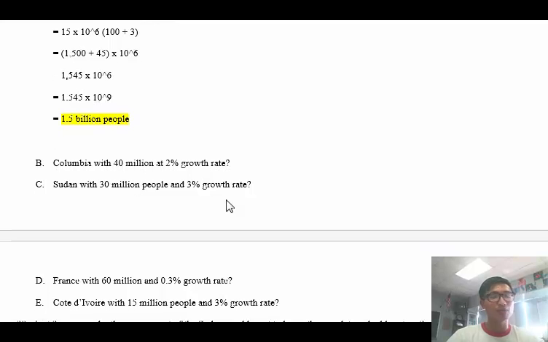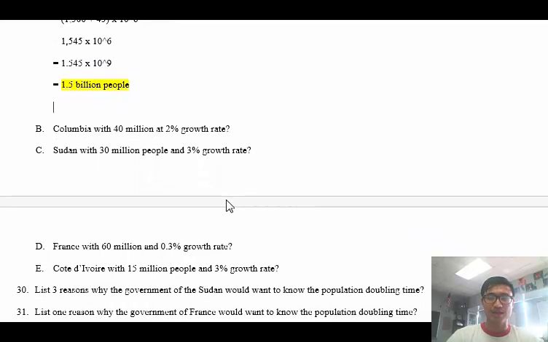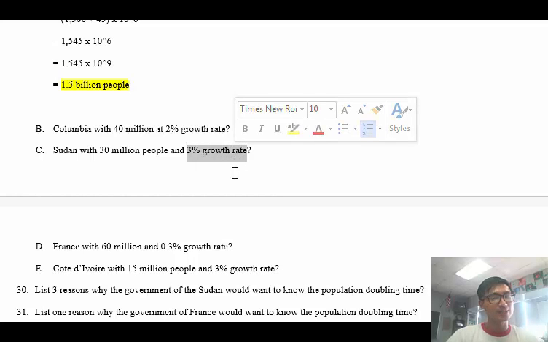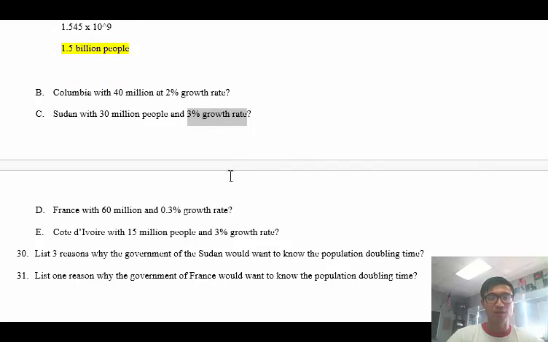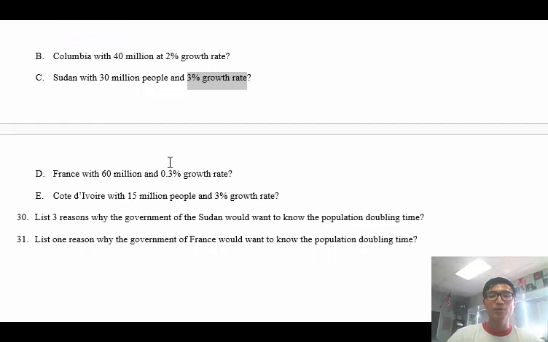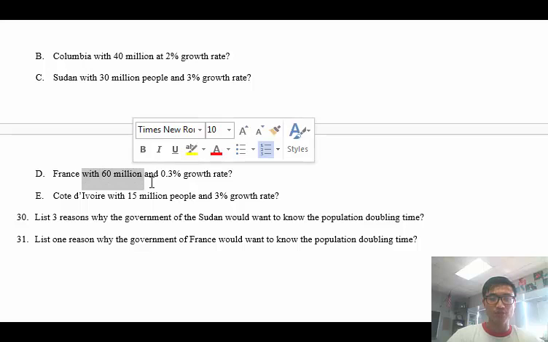Well, we already figured out what Madagascar's population is going to be after a century. And that was at a 3% growth rate. We see Colombia has a 2% growth rate, and its initial population is 40 million. We see that Sudan, like Madagascar, has a 3% growth rate, but it starts off with 30 million people, so twice as much. We see that France only has a 0.3% growth rate, okay, but it has the largest initial population.